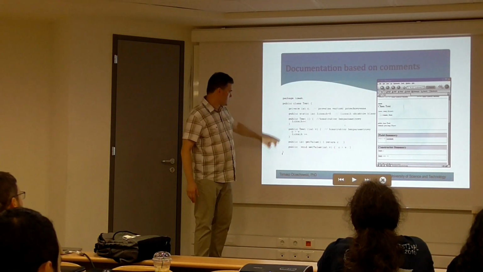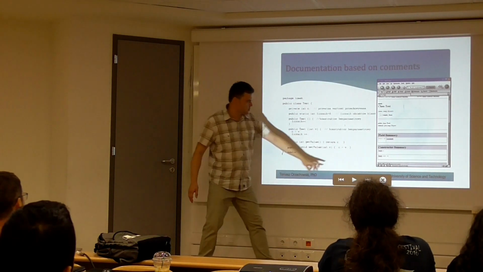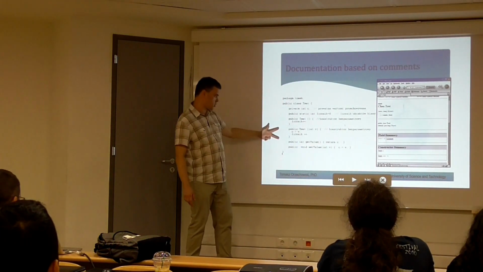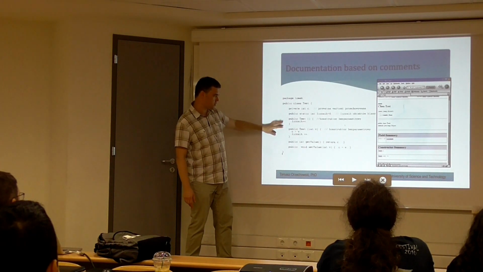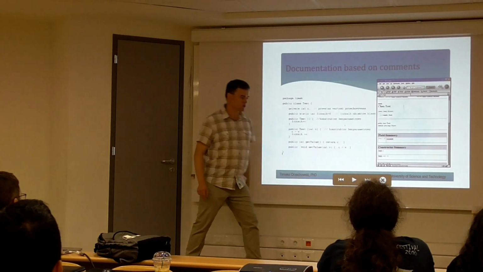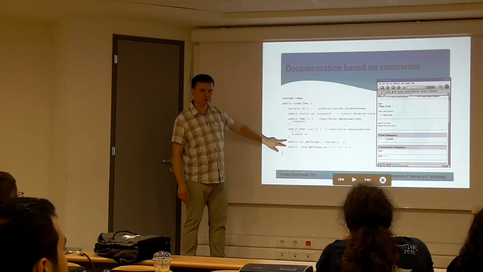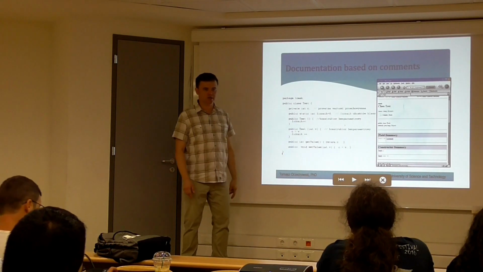Okay? So this field is here. These are the constructors, so 2 constructors are also in the documentation, and on the bottom you will also see empty documentation for the getValue and setValue methods.